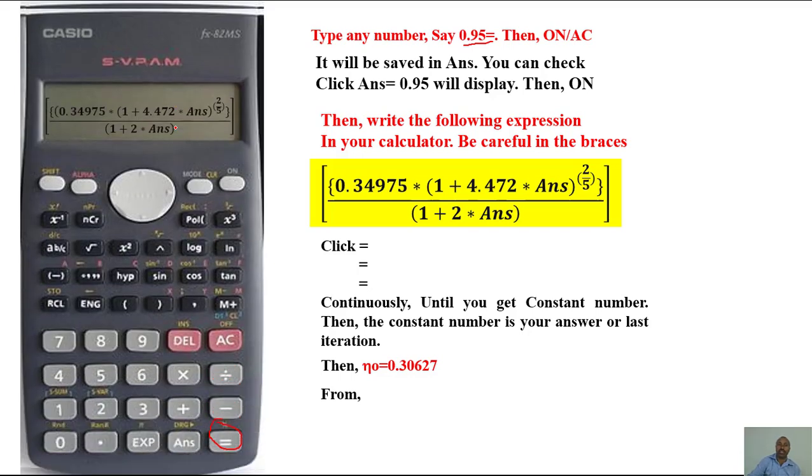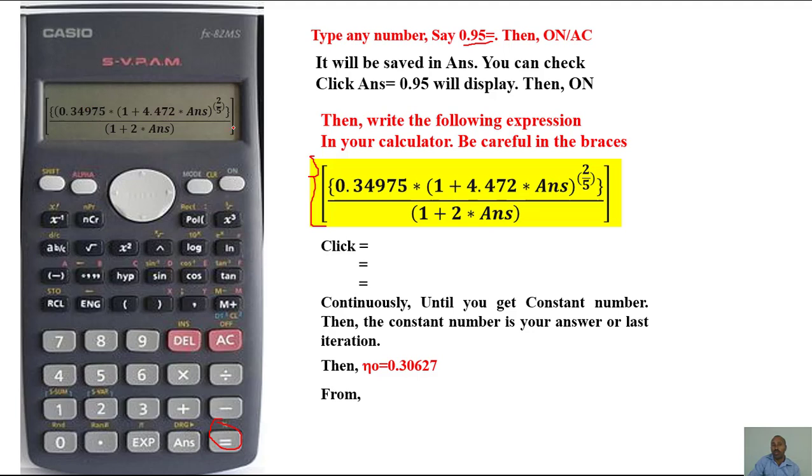So let us write the following expression in your calculator. Be careful with the braces. You have the bigger bracket, then the smaller bracket, which is the numerator, a single bracket you can close since this is multiplication.